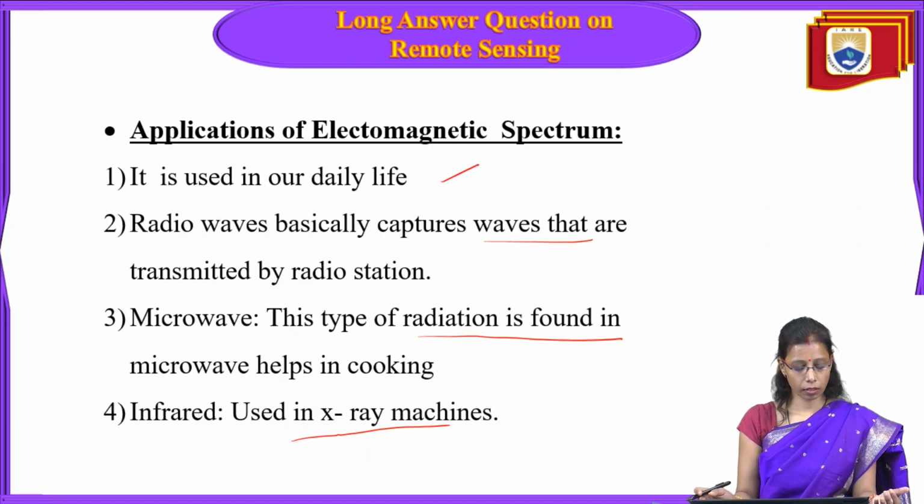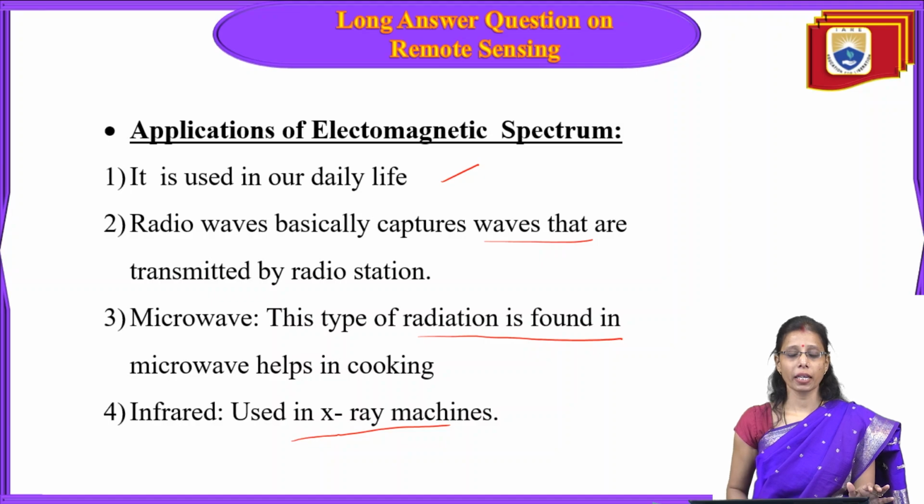So this is about the electromagnetic spectrum, where you can find the different applications of these waves. Radio waves capture the waves transmitted by the radio station. In our day-to-day life we use X-rays for scanning, capturing information, and in shopping malls.